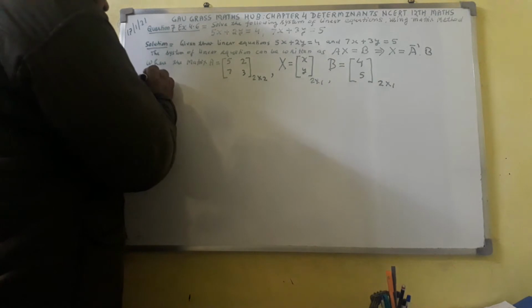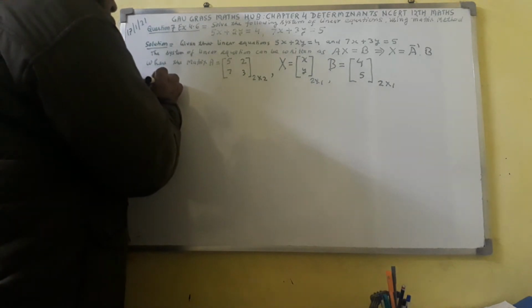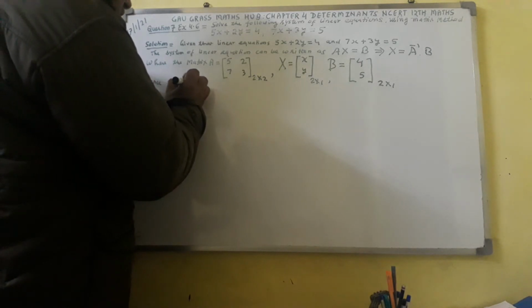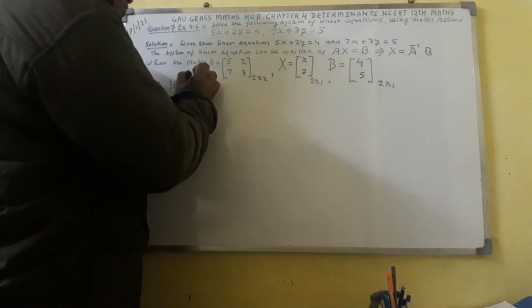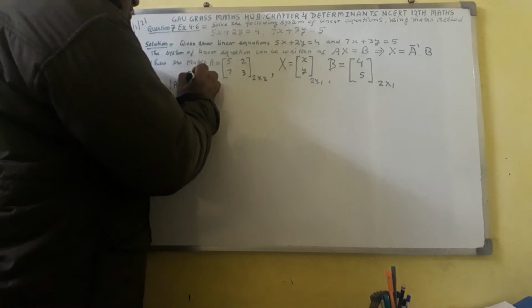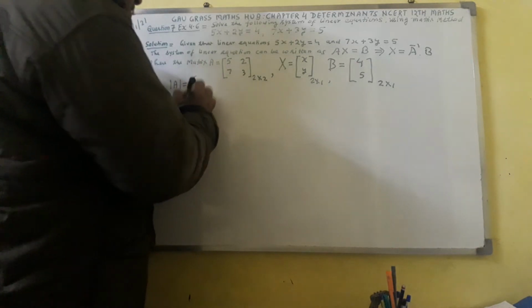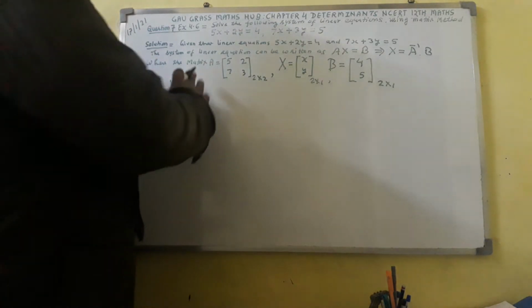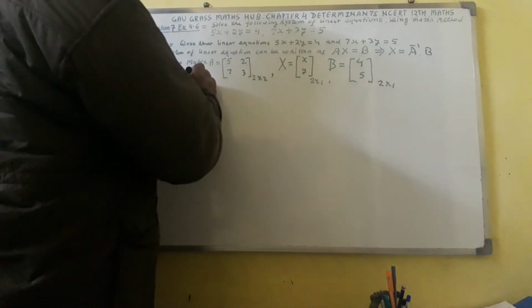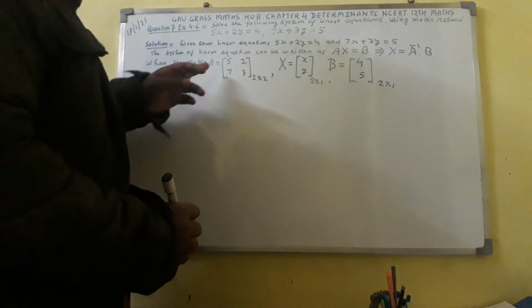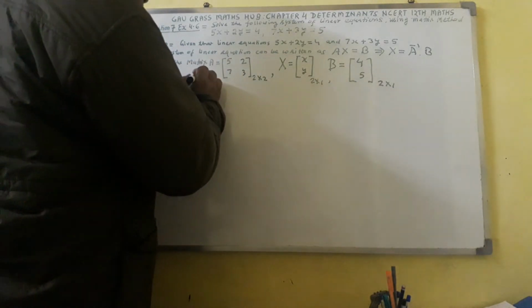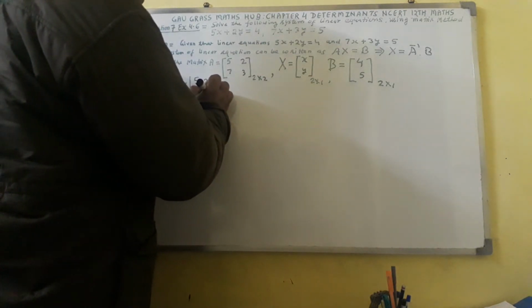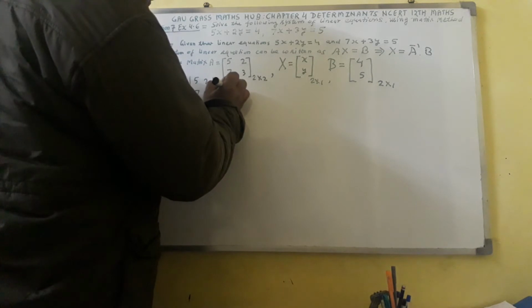So here I write, determinant of matrix A comes out to be, in a bracket, elements of first row will be written here 5 and 2. Elements of second row will be written here 7 and 3.